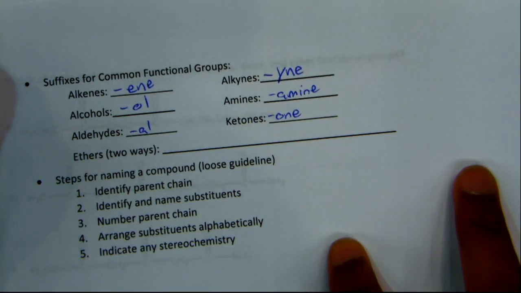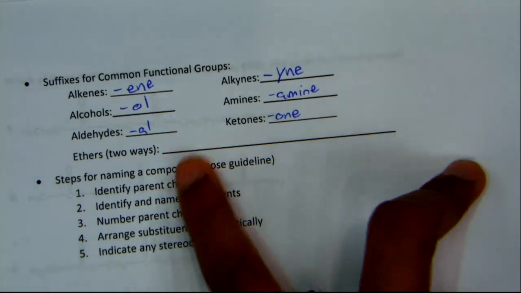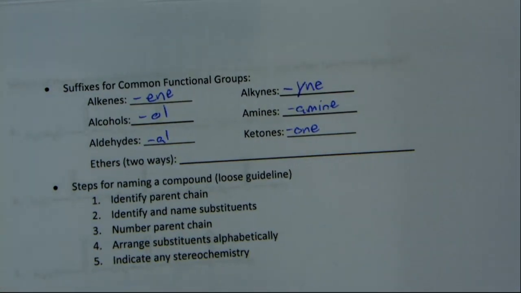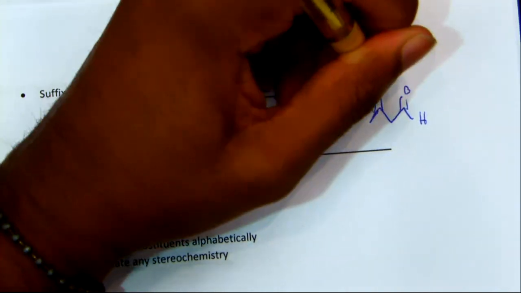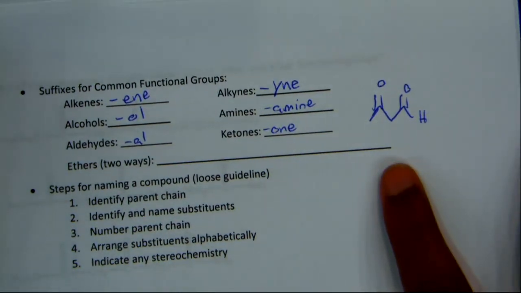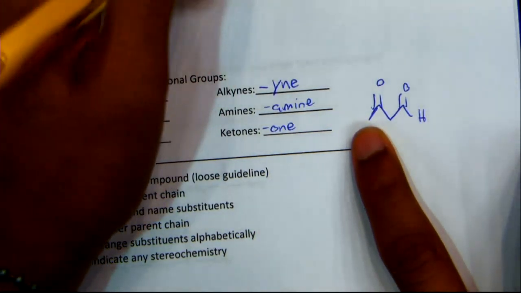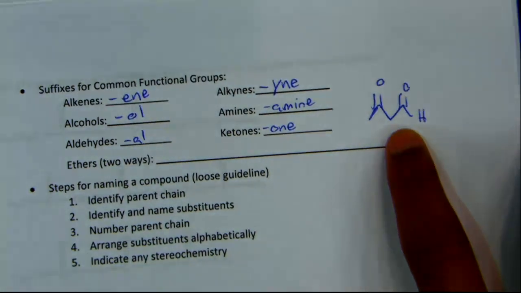A little thing with ketones and aldehydes: if you have a ketone and aldehyde on the same ring or same compound, say this structure, usually they'll name the ketone group as oxo, and your aldehyde will have priority, so you'll still end with AL.